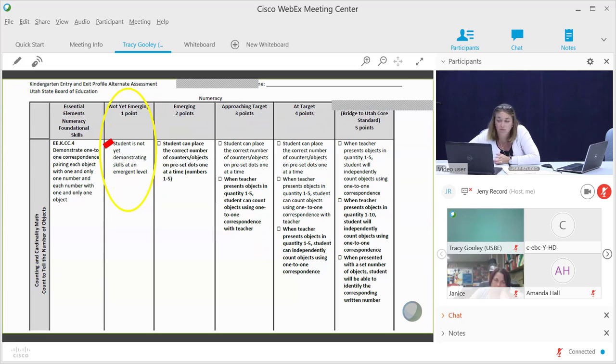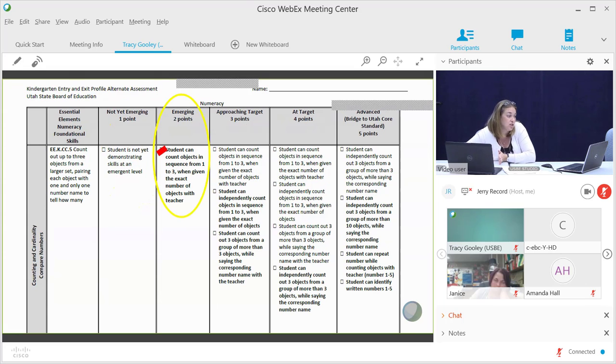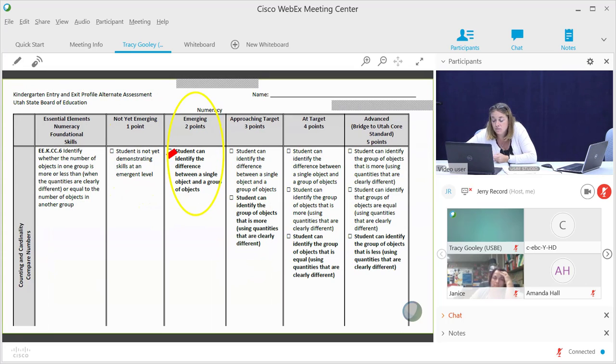So student was not able to do that yet. That would put them at not yet emerging. So when we look at scoring this, you're just going to do the same thing as you did literacy. You're just going to move through the rubric. Can they do that skill? Can they not do that skill? Where does that fall for them? So same thing here, student is able to identify the difference between a single object and a group of objects, but could not yet identify the group that is more.